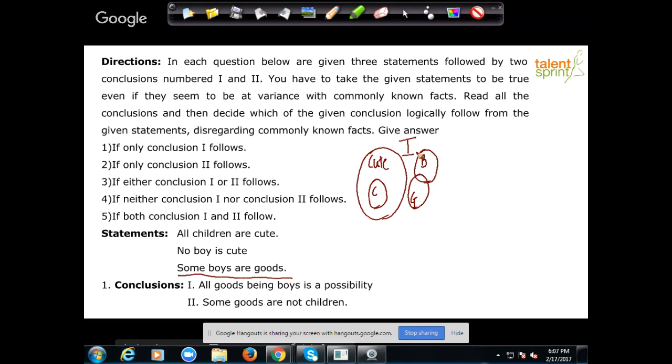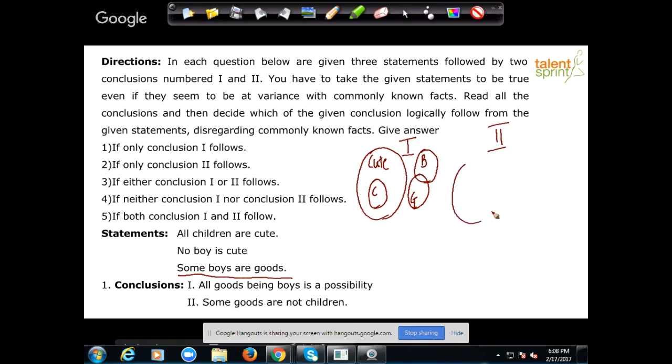Now, here we can see that we have clearly marked that some boys are goods, but goods is not overlapping with cute or children. But our statements define nothing about it. They tell us nothing about it, which means that we will also have to consider the other 2 situations. So let's look at the second situation, which is possible.